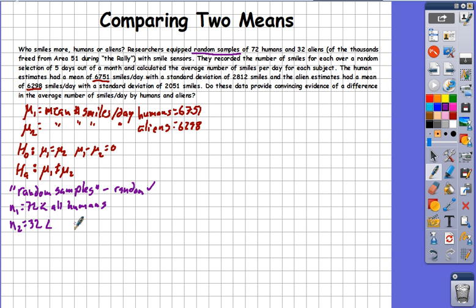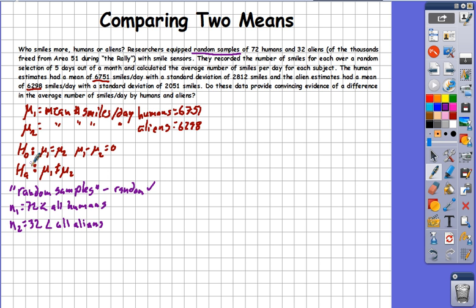Now we're going to make the assumption that that is less than all aliens out there in the universe. But we don't know. We only let a couple of thousand go from the Area 51 rally, right? So let's assume if there's at least a couple thousand, there's more than 320 aliens roaming around, if the rally was successful.